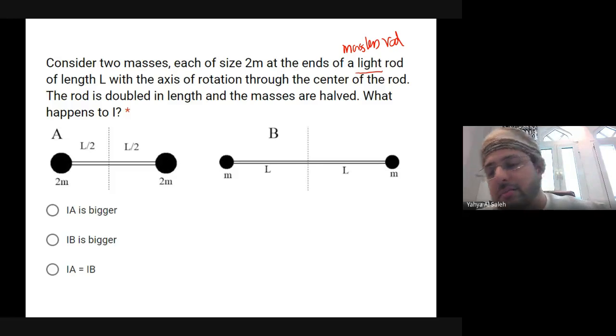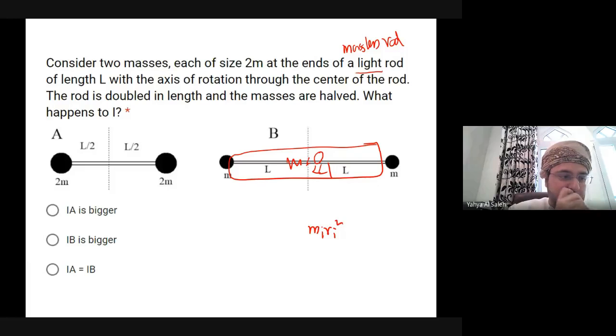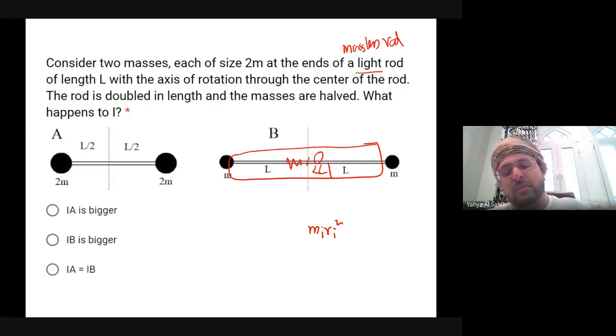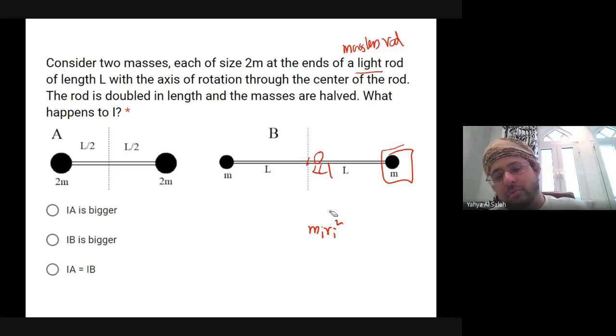The reason is because we are using sum of m_i r_i squared, and if I assume this rod has a mass equal to 0 or much less than 1, so very tiny mass, I can simply use these masses and ignore the mass of the rod. If the rod was actually heavy, I would have needed to also calculate m r squared for the rod. Okay.